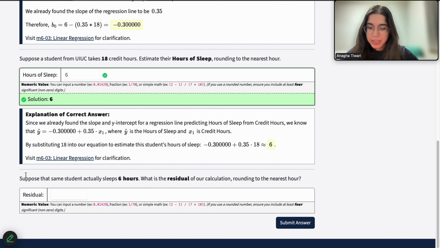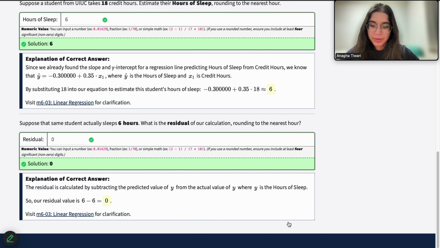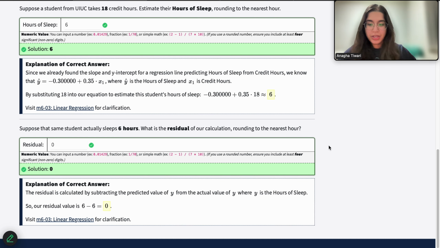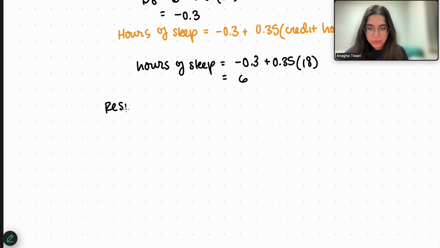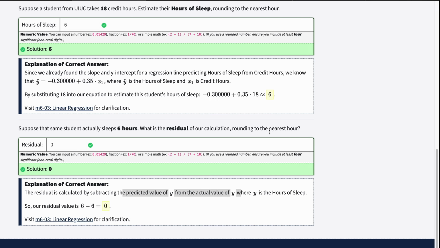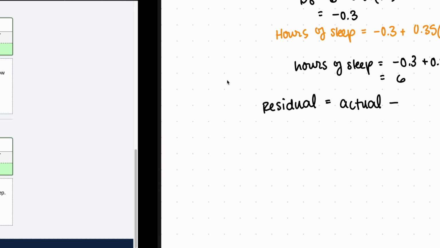And then finally, suppose that same student actually sleeps 6 hours. What is the residual of our calculation? Well, the residual is basically just the difference between our actual minus the expected value, which is 6 minus 6. So that's just going to be 0, which is pretty easy. Again, it was subtracting the predicted value from the actual. If you want to write it as a formula, residual is going to be the actual minus the predicted value.